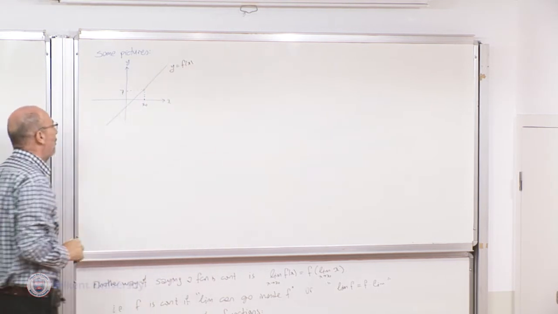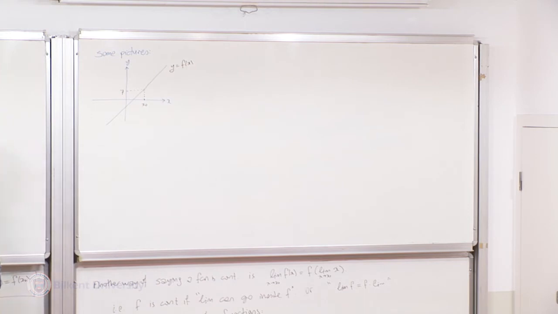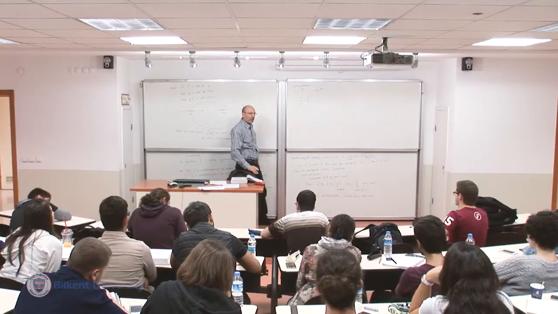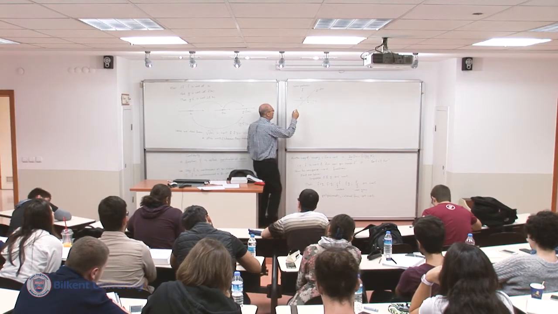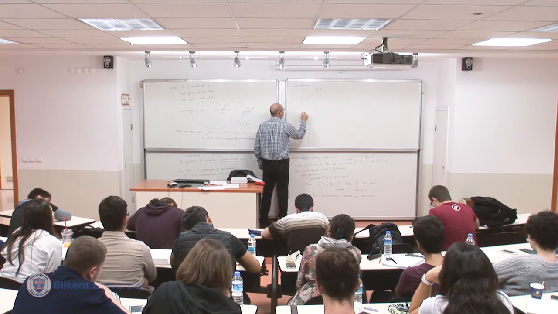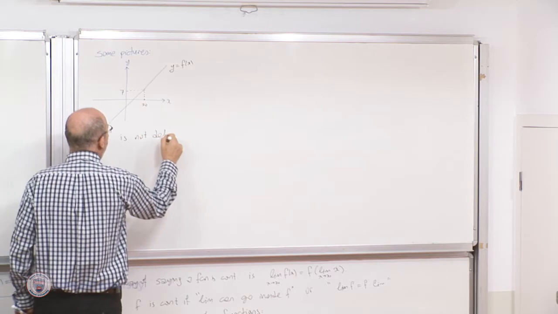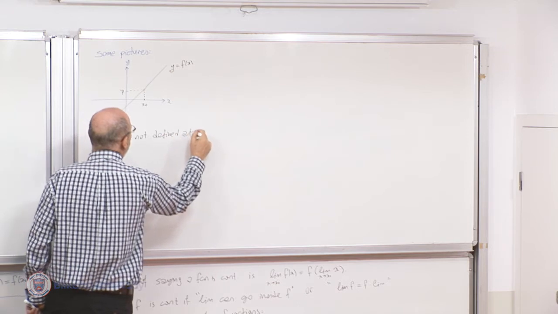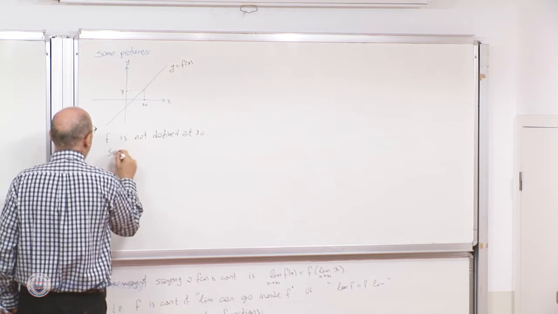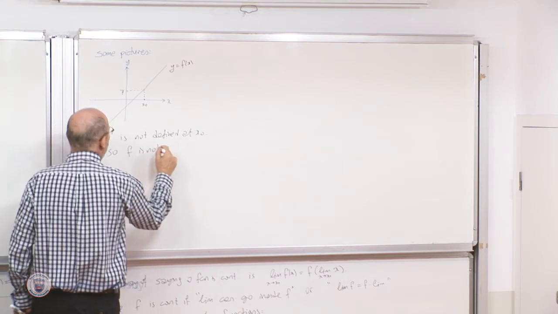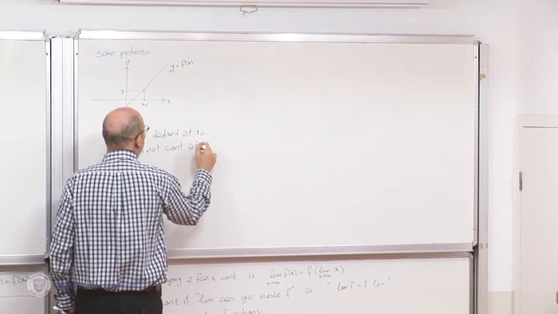We know what f of x is, a linear equation, except that you say, I'm not defining it at x sub 0. You are the boss, you can do whatever you like. So f is not defined at x sub 0, so f is not continuous at x sub 0.